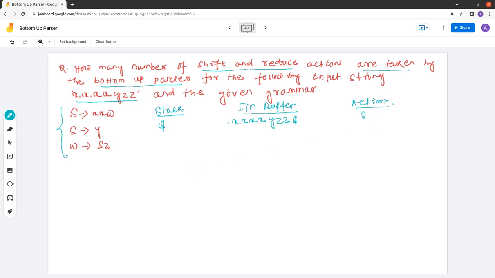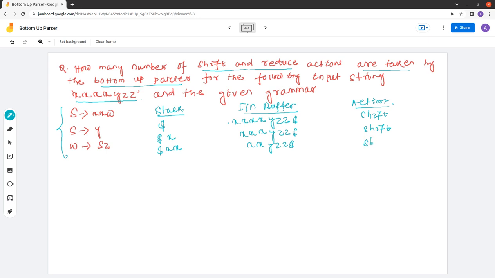The first action is the shift action. So $, then xxxxyzz$. Now there is no x. We cannot handle this x because there is no x in the RHS part of any production. Now we will shift again: $x, xxxyzz$. There is no double x in the RHS part.